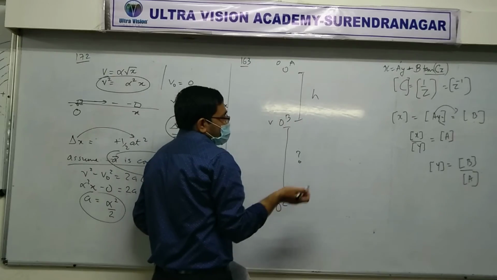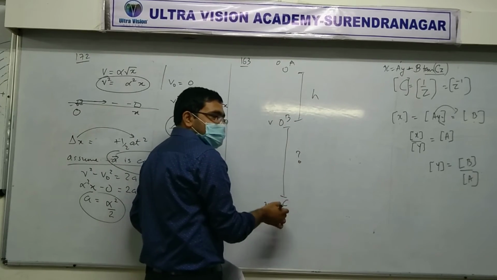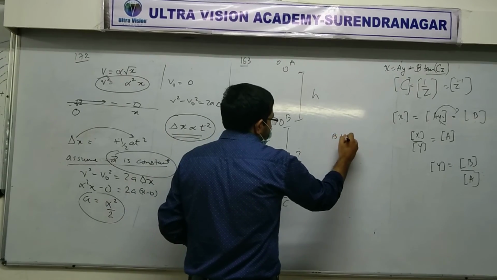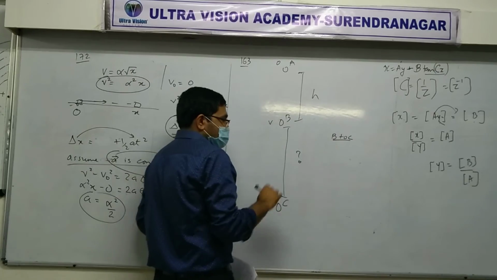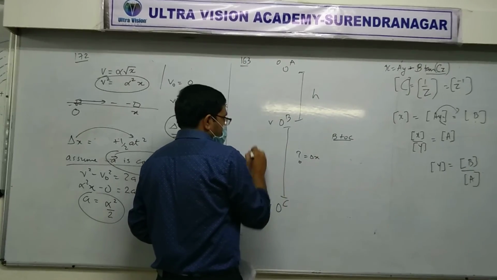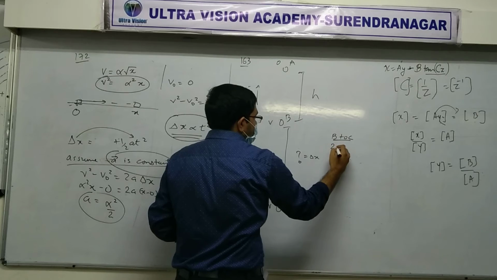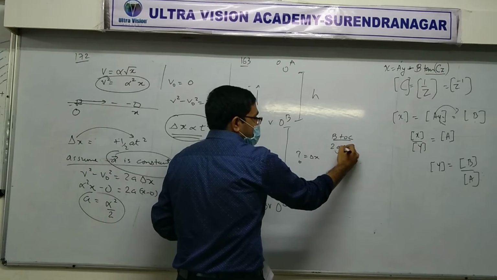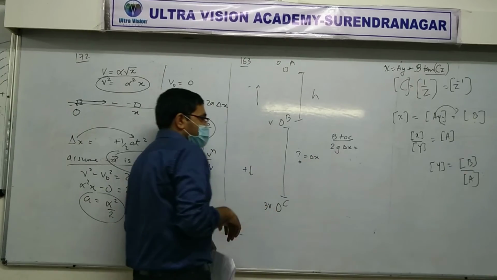Then we can do it in two parts here. We want to find this. We know the velocity here. We know the velocity here. So if I do it for B to C, third equation. I want to find this delta x. Downwards positive. 2g delta x equal to what should I put on the right hand side?